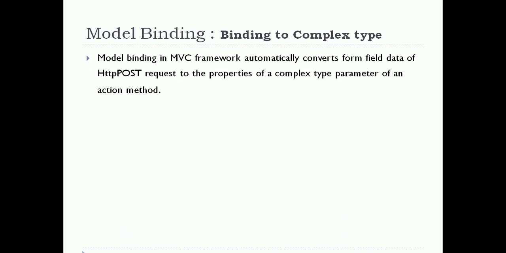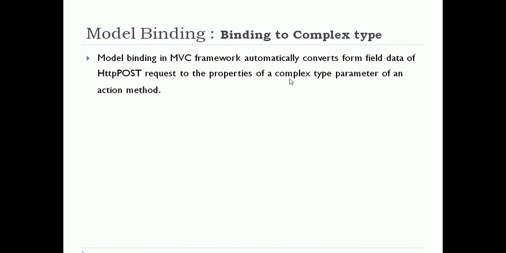Now let us see binding to a complex type. Here your MVC framework automatically converts form field data. Form means your HTML form, and in the HTML form you define an input field. That input field data of the HTTP POST request gets converted to the properties of your complex type parameter.